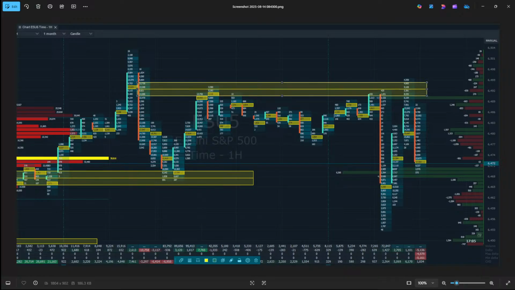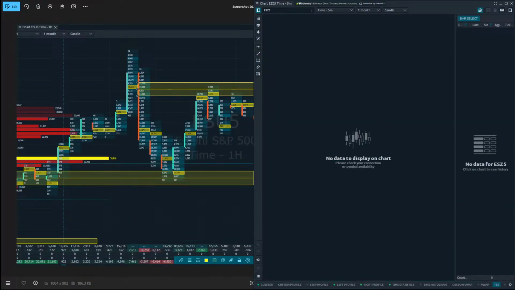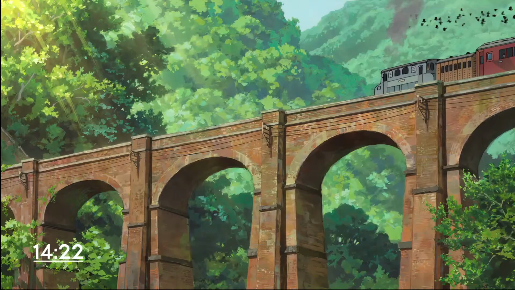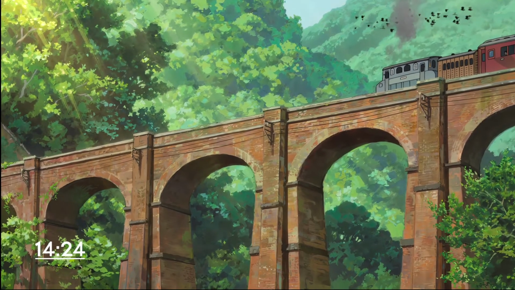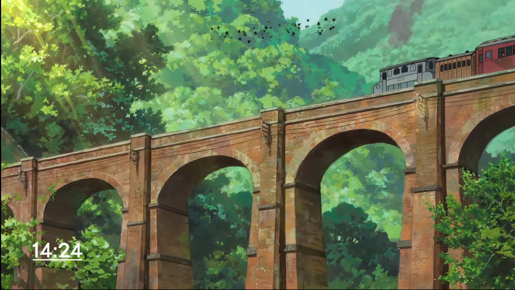But unfortunately, it looks like they're doing maintenance. My charts are not loading. It's just stuck on connecting. So unfortunately, I can't show you guys live examples. But I guess at least we have this. All right. Any other questions on that before I move on? Or any questions on anything before we move on?